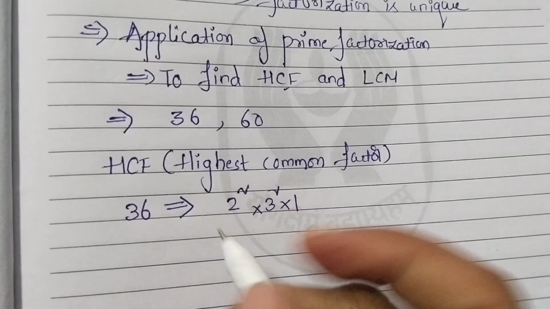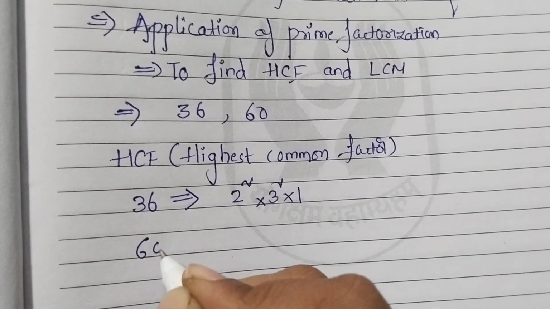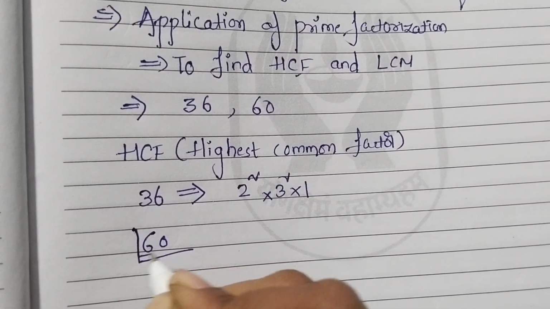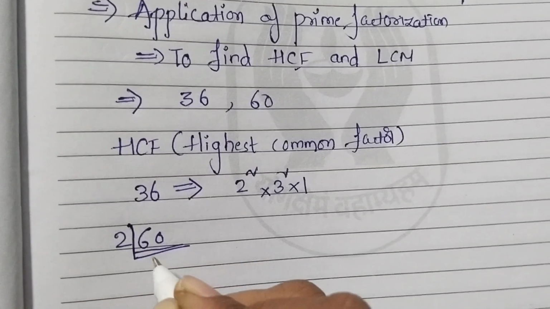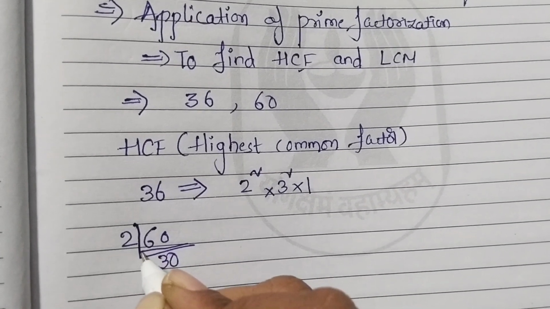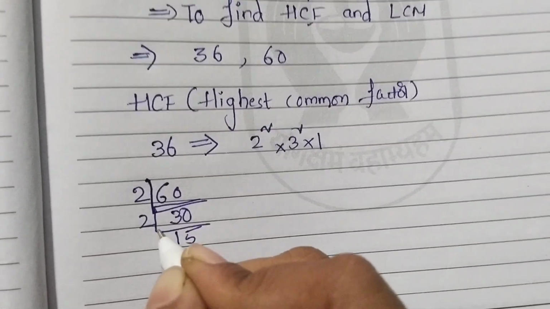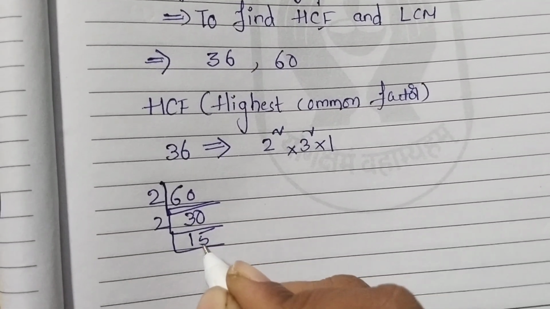Okay, our next number is 60. Let's do prime factorization for 60, right? Least prime number is 2. So 2 with 30. The least prime number again is 2 with 15. So 15 is not divisible by 2, right?